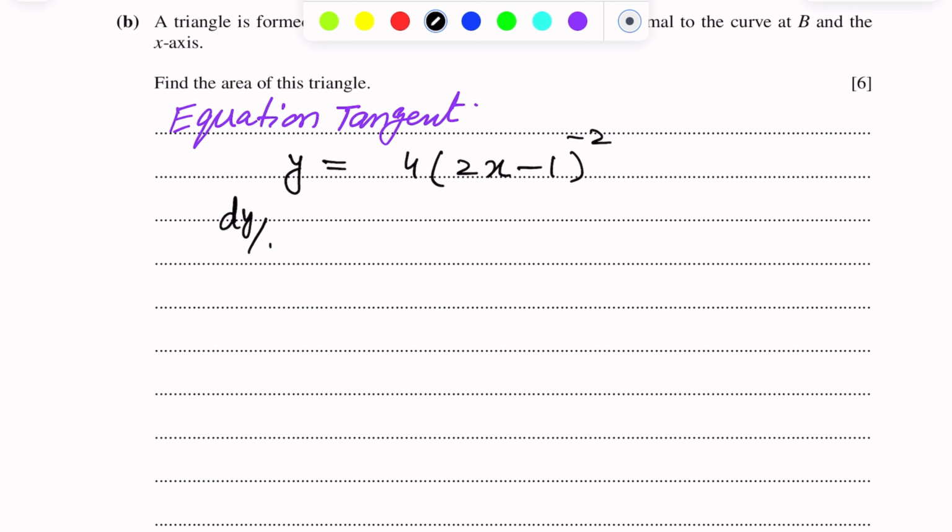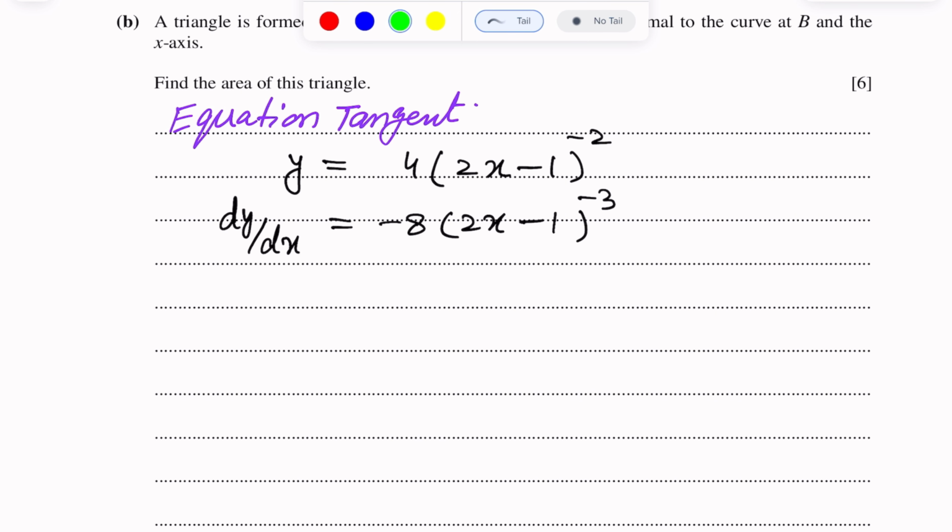So dy over dx will be: this minus 2 multiplied by 4 becomes minus 8, (2x minus 1) power minus 2 minus 1, which is minus 3.